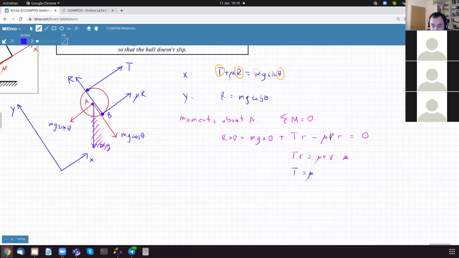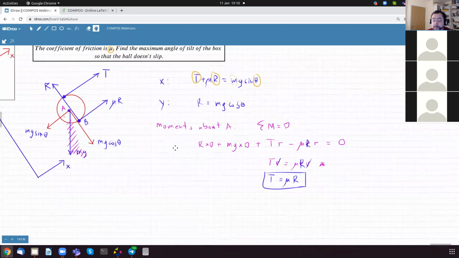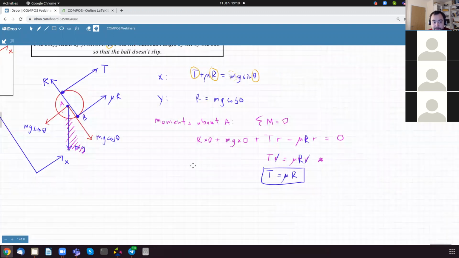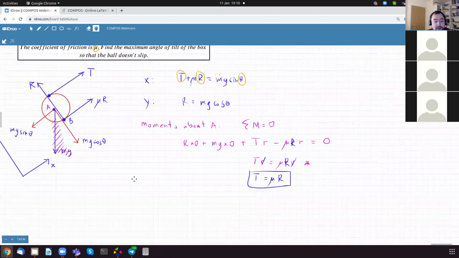Mu R times r, of course. Because r cancels, you get T equals mu R. As an exercise, I do advise you to try taking moments about point B, and you will have the same result. If the object is stationary, you can take the moments about any point. Okay, so T is equal to mu R.